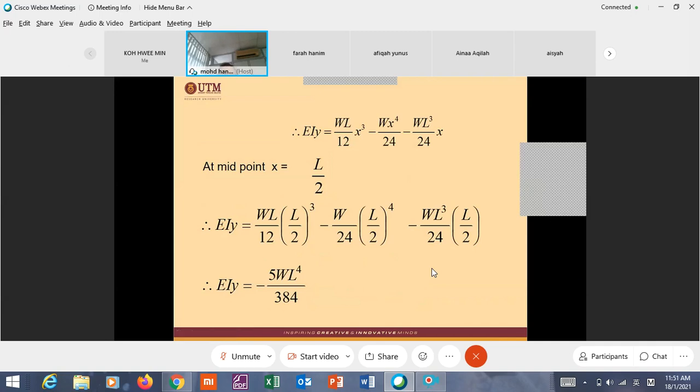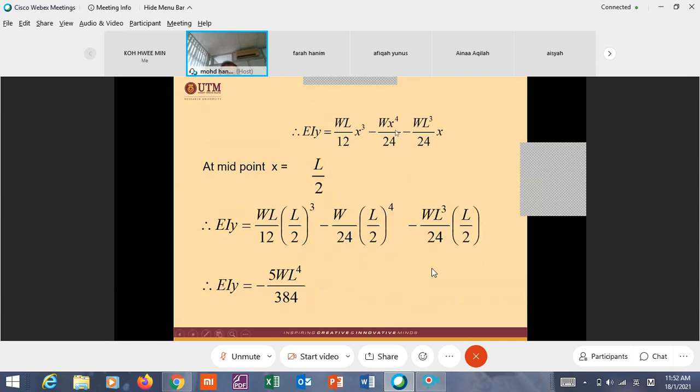So this is the equation of deflection along the beam, x from A, or in this case, x from any end, from A or from B, because it is symmetry. What is the maximum?